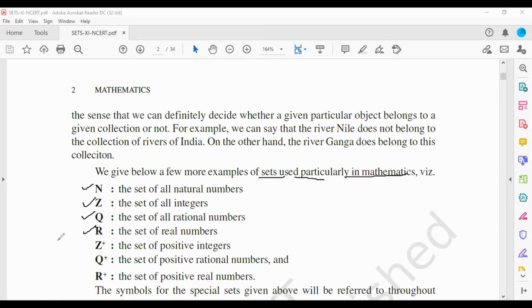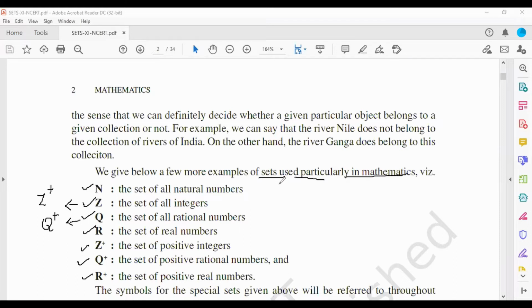And then there are subcategories. Out of Z, there is Z plus. What do you mean by that? Set of positive integers. And out of Q, you make a subclassification, subset we call. Q plus, set of all positive rational numbers, and similarly R plus, set of positive real numbers.